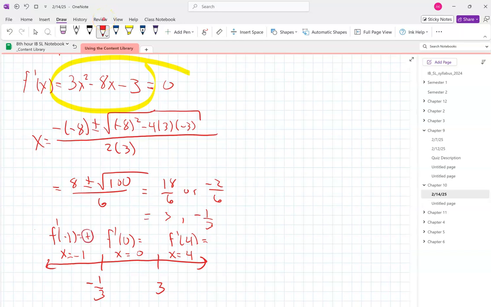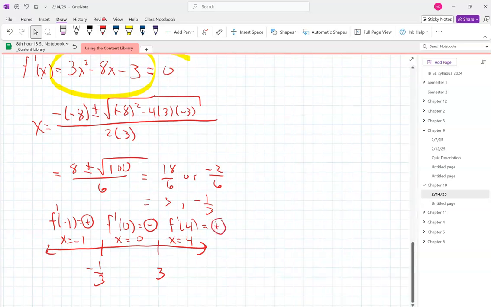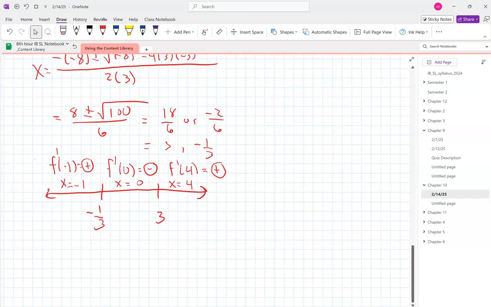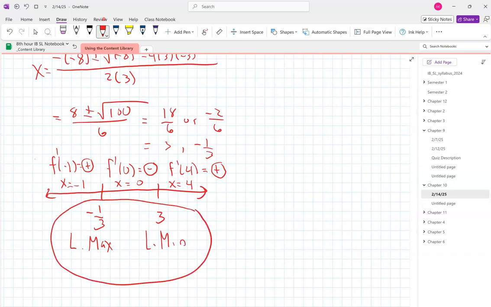If I plug 0 in, I'm going to have 0 minus 3. Well, that's negative. If I plug 4 in, I'm going to have 48 minus 32 minus 3. That's positive. So negative 1/3 is a local max, got to say local, and 3 is a local minimum. And that's enough because it doesn't ask us for the coordinate, it just asks us for the x coordinate.